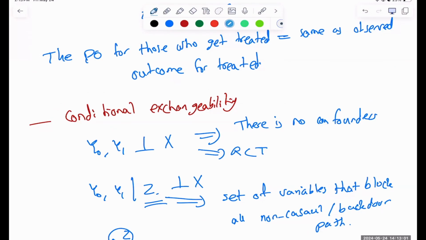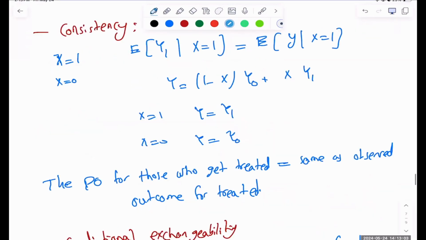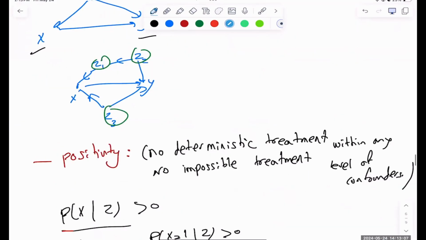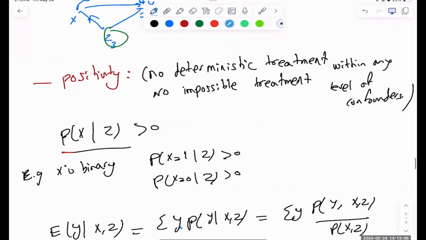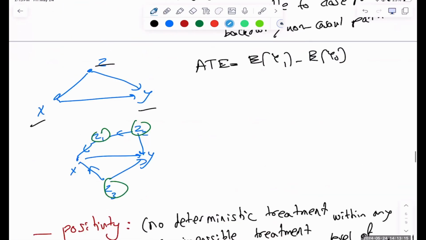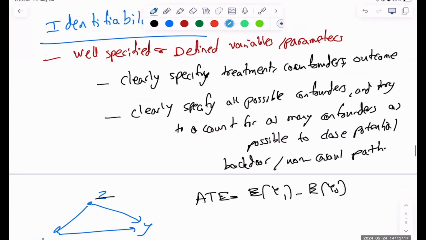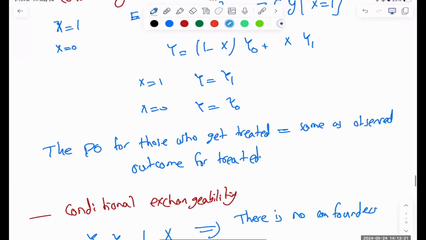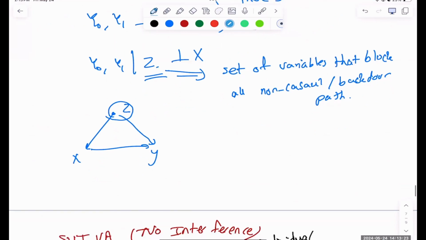Consistency I would say is easy to look at in both senses. Positivity as well is very easy to see in terms of potential outcomes, or in the language of mathematics and probability. And the first one is also easier to look at in terms of the causal DAG. Hopefully I gave you enough motivation on why we need to learn both of them and how we can relate one to the other.